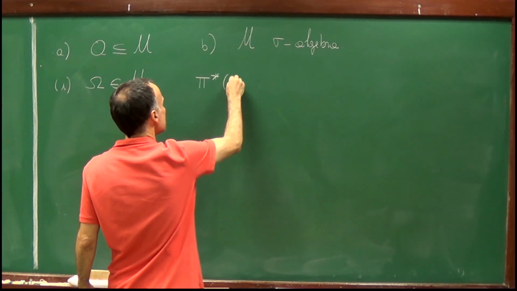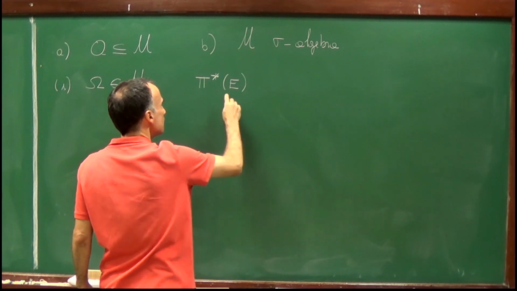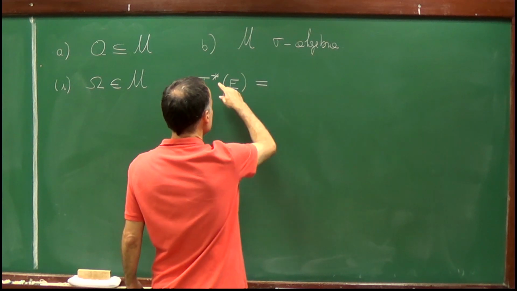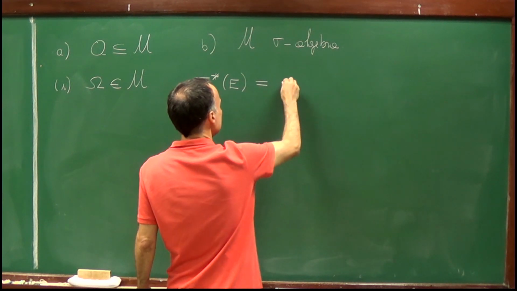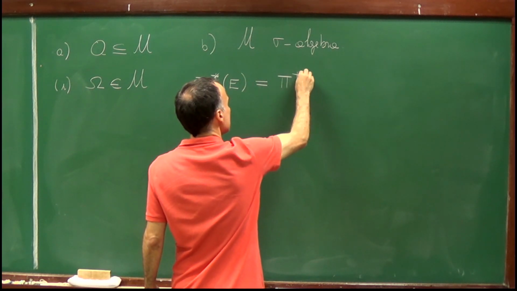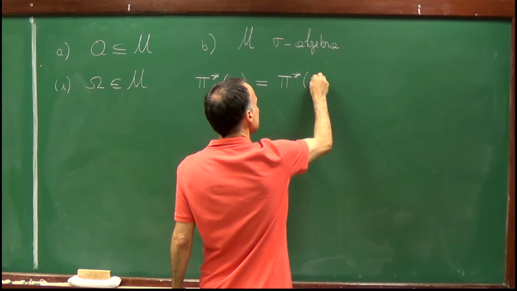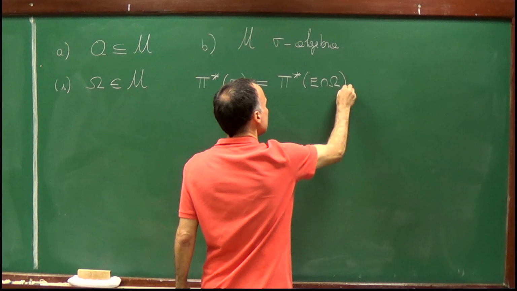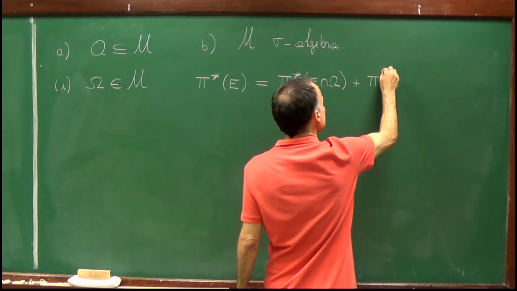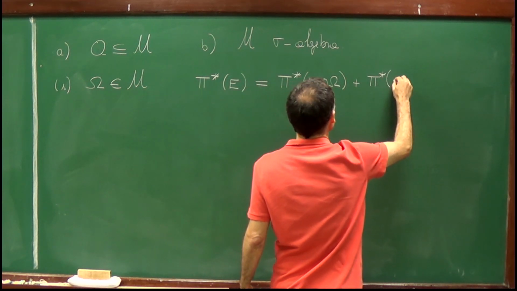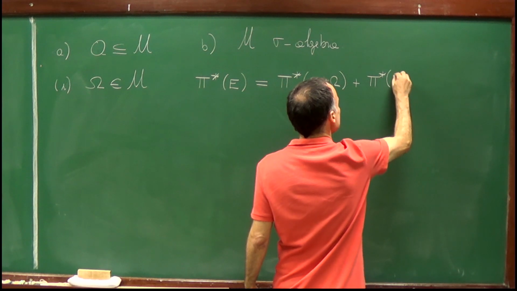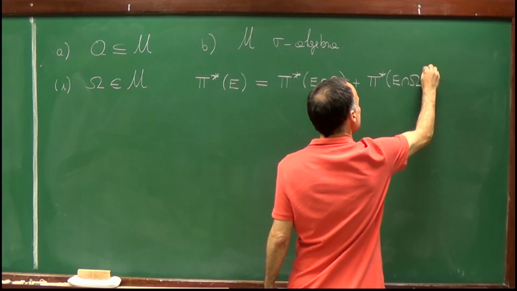We have to show that for any set E, P star of E is equal to P star of E intersection omega plus P star of E intersection omega complement.